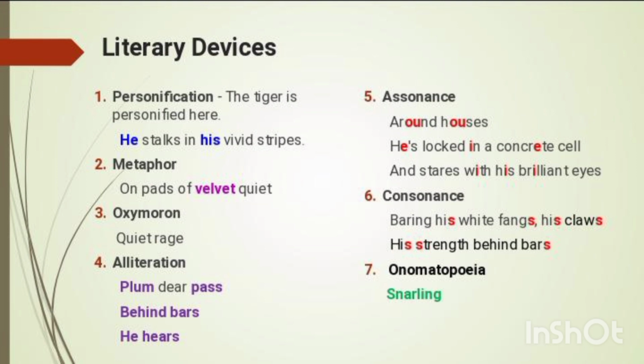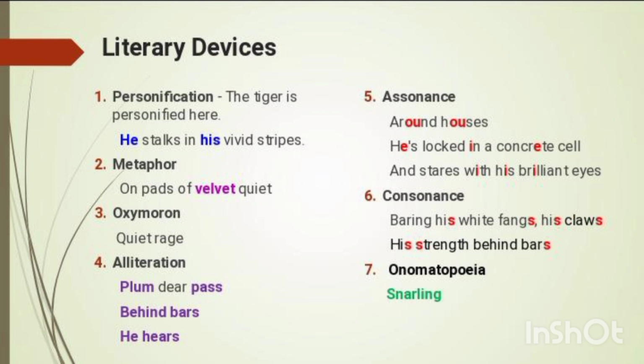The fourth literary device used is alliteration. The last line of the second stanza, where plump deer pass, the p sound is repeated. The second line of the fourth stanza, behind bars, the b sound is repeated. And the first line of the last stanza, he hears, the h sound is repeated.